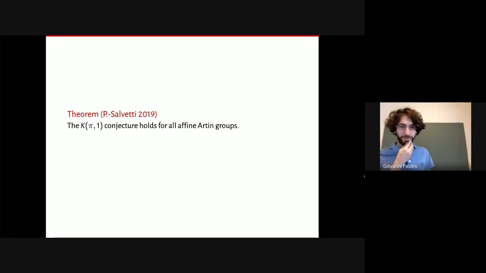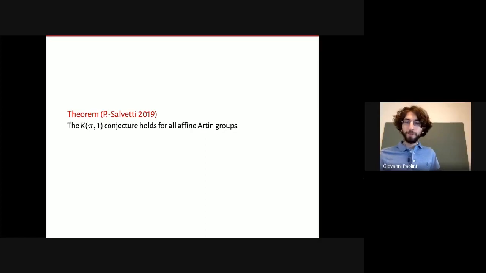So as I said, the best is to understand why the K-pi-1 conjecture is somehow easier to solve for spherical Artin groups, so for groups that come from finite Coxeter groups.